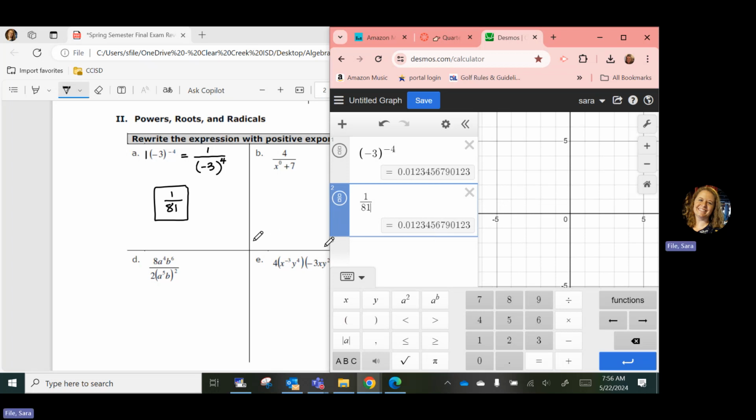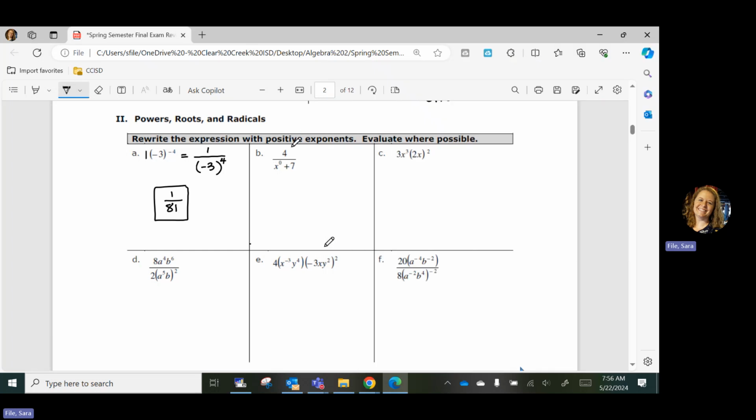All right, now in B, we have a variable here. We've got x, so it's not just evaluating, so we can't just type that in and get some number answer necessarily. Now, actually, I say this before I looked at it carefully, the fact that the variable is to the 0 power actually changes what I just said, because you need to remember the exponent rule that anything to the 0 power is what?